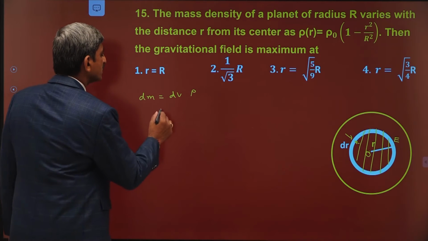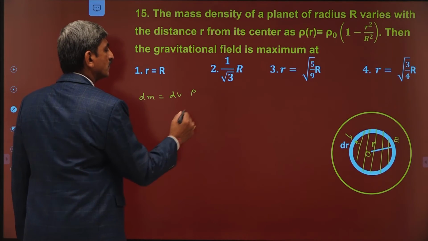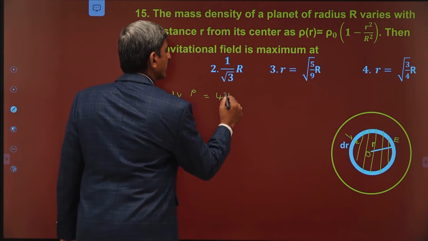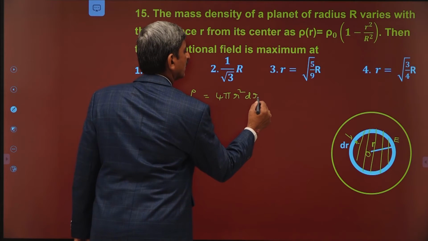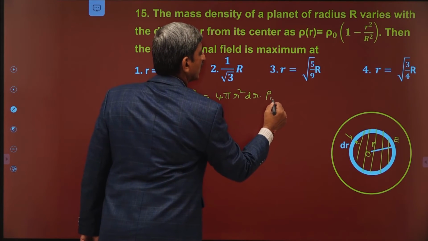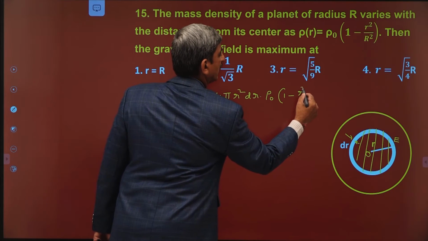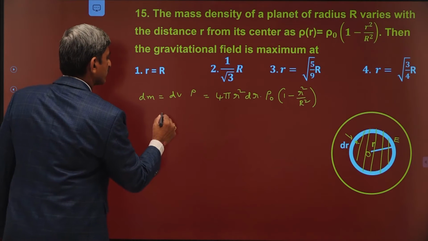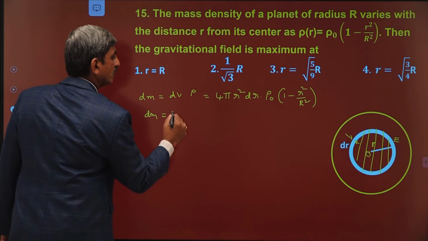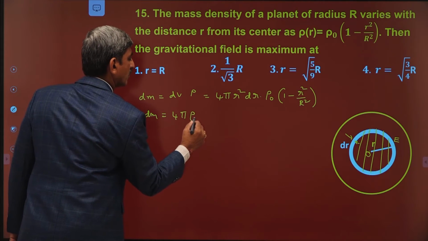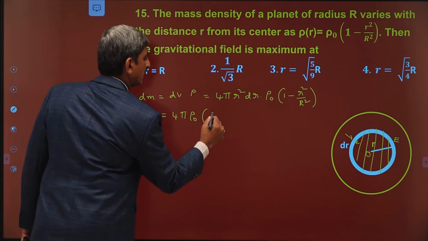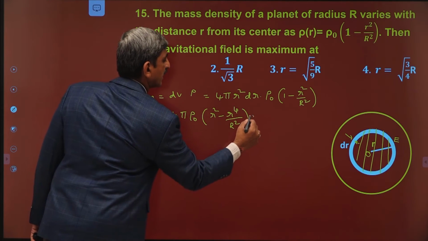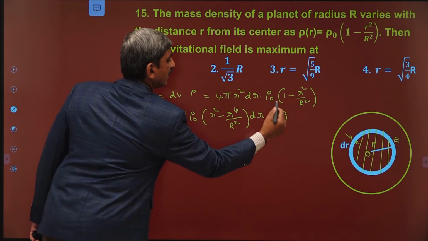The volume of the spherical shell is 4 pi r square dr, times rho equal to rho naught times 1 minus r square by R square. Simplifying, we have dm equal to 4 pi rho naught times r square minus r to the power of 4 by R square, dr. Let it be equation number 1.